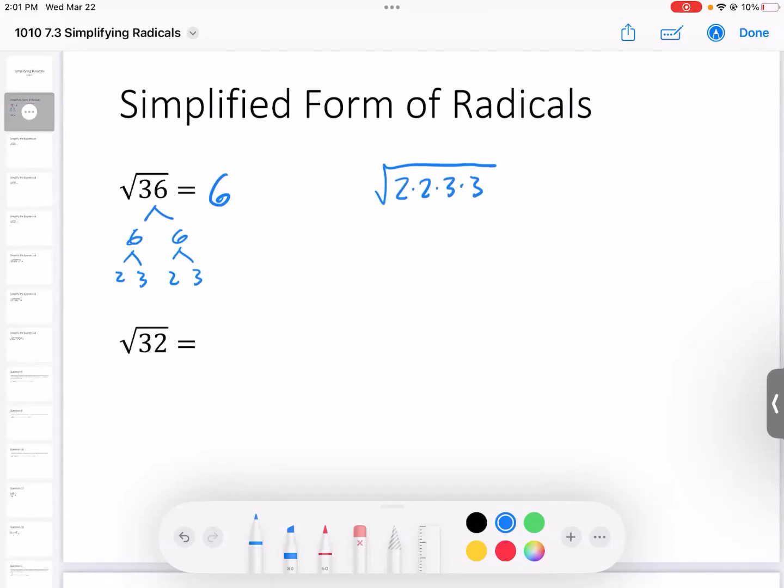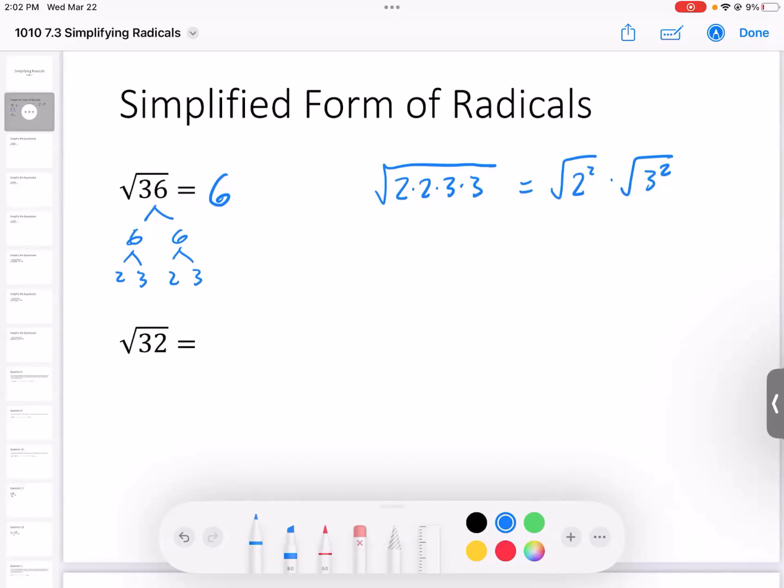Now, the multiplication rule of square roots says that if you have stuff that's multiplied together inside of a square root or a cube root or any type of root, you can separate it out into multiple square roots. So I could rewrite this as the square root of 2 squared times the square root of 3 squared, because I could take this part and put it in a square root, and then I could take this part and put it in a square root.